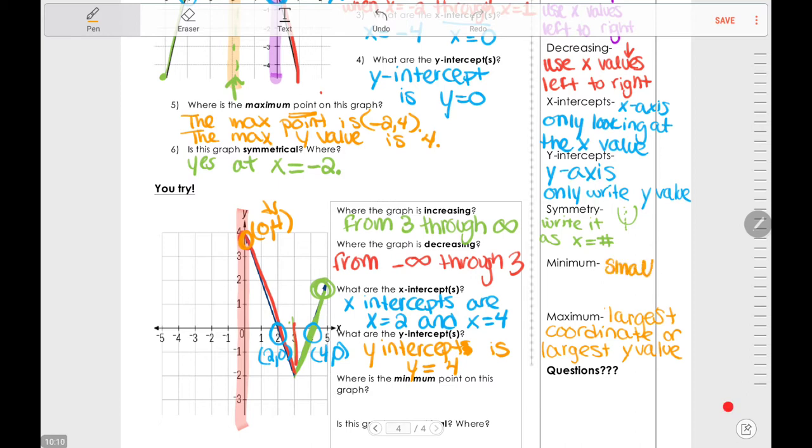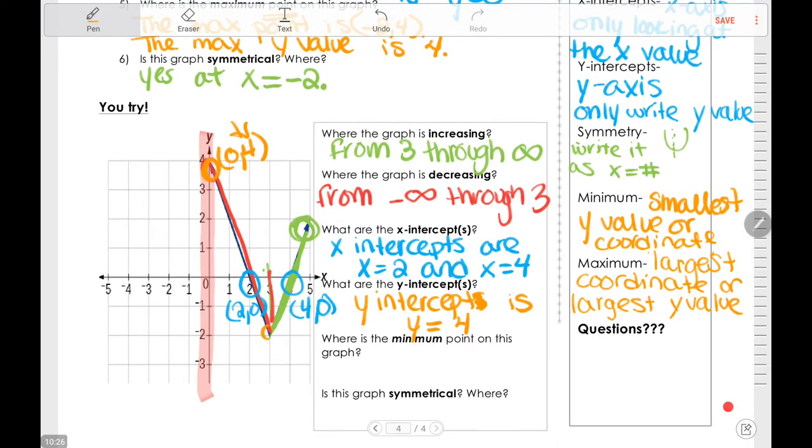Okay, before we define maximum, we didn't define minimum. This is the smallest value. And it's the same thing. It's coordinate or the smallest y value. Alright, so this one says what's the minimum point? That is a coordinate. So the minimum coordinate is 3, -2.